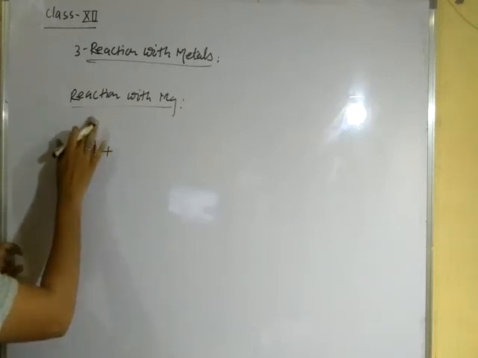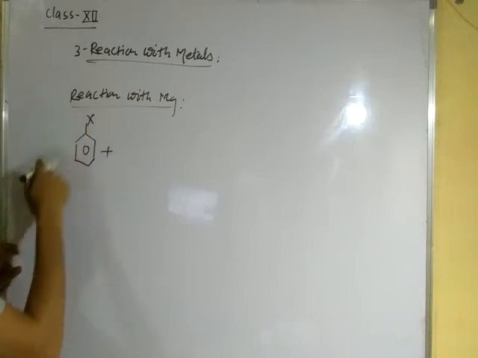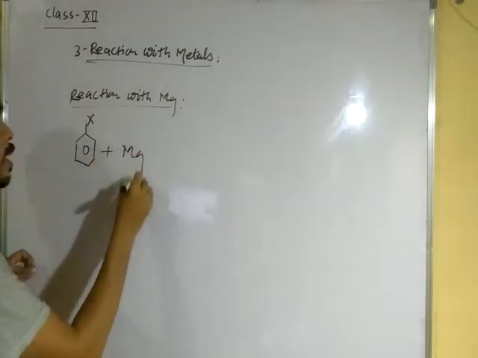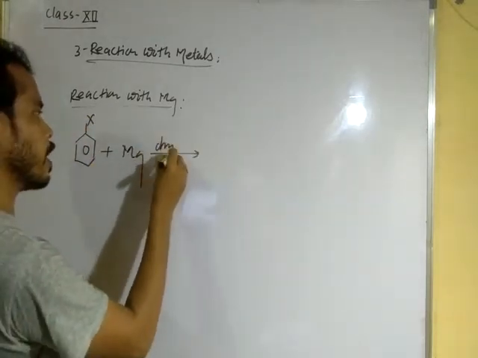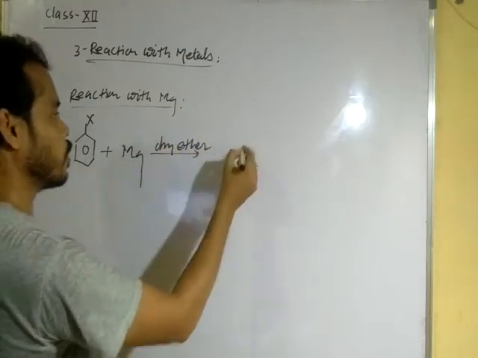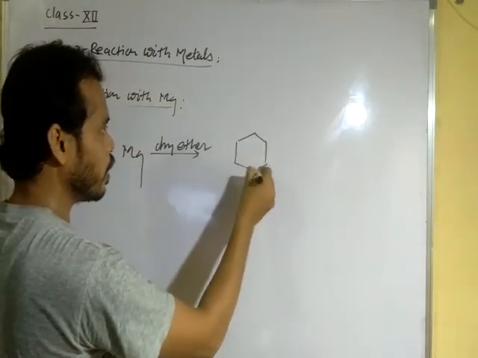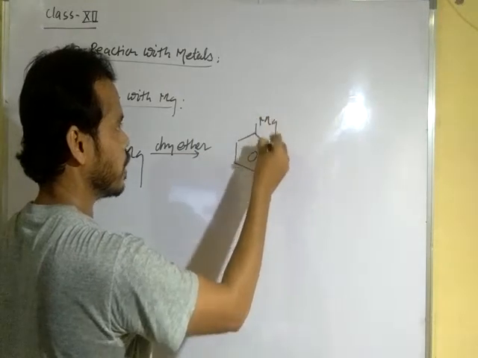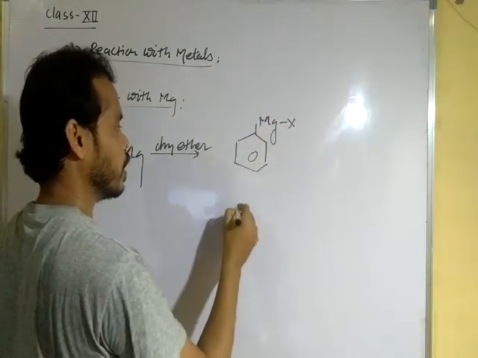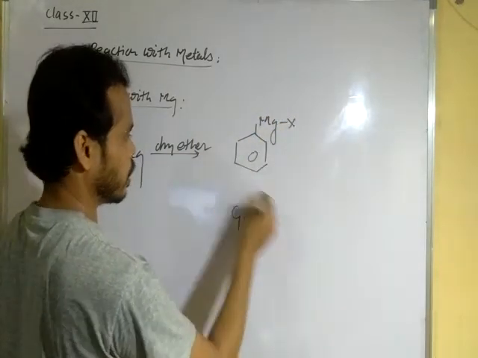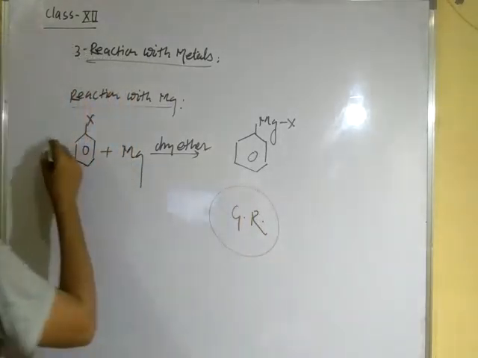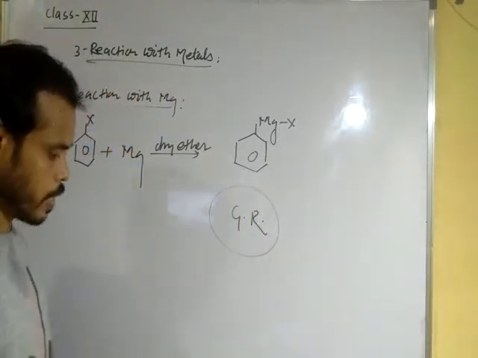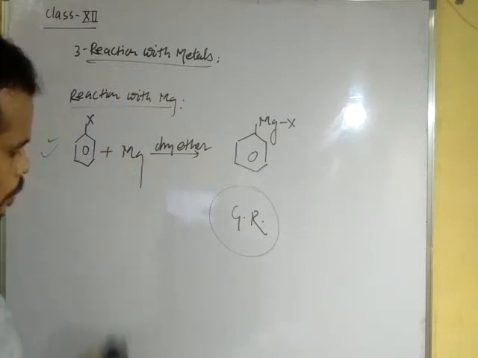You can write here, haloarenes are treated with magnesium in the presence of dry ether to form aryl magnesium halide, known as Grignard reagent. Very important reaction.